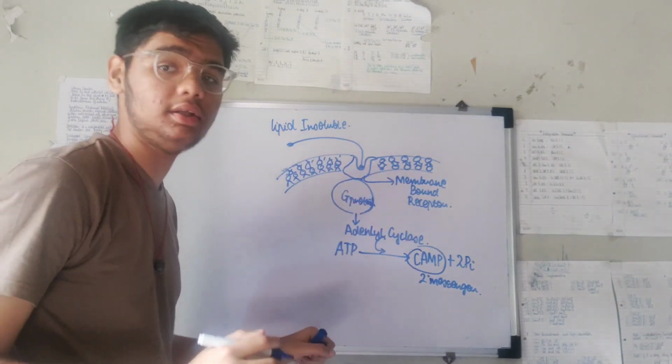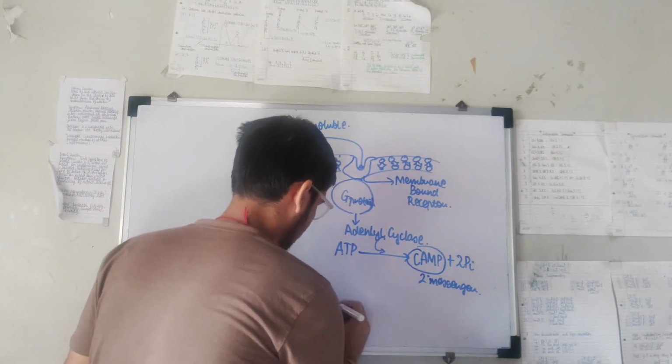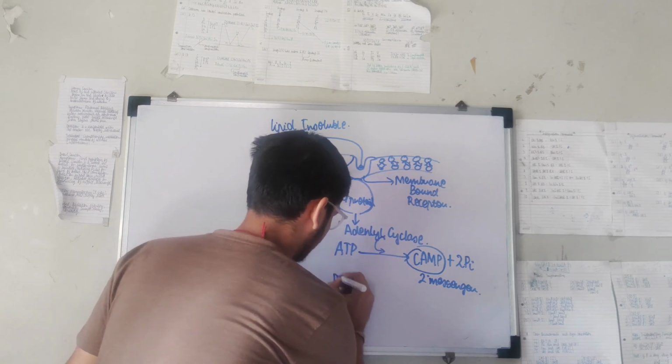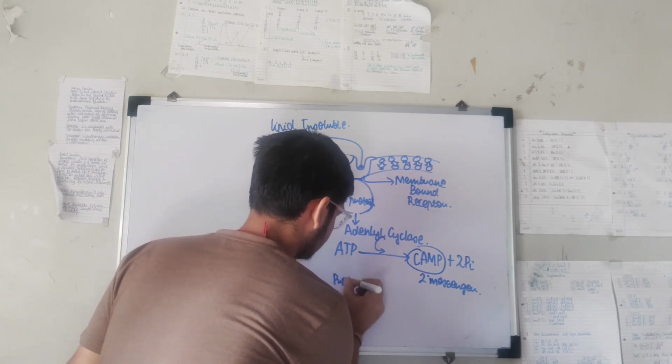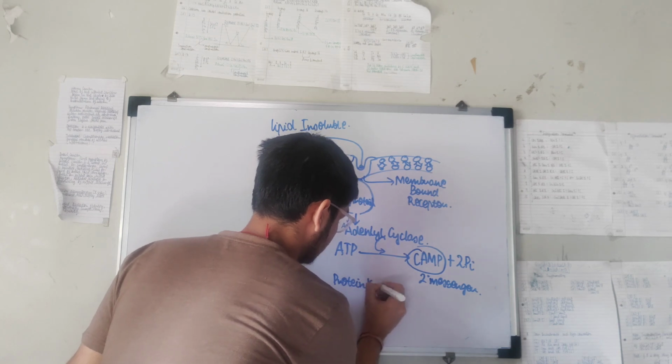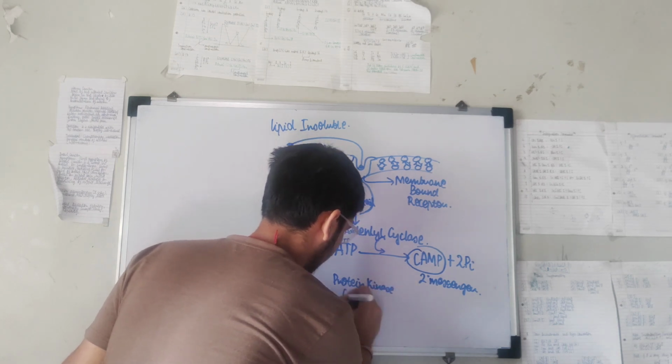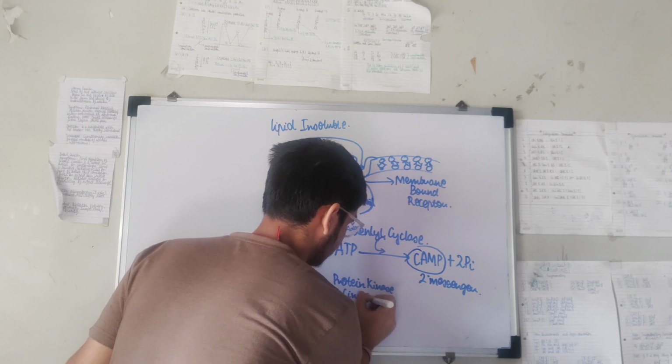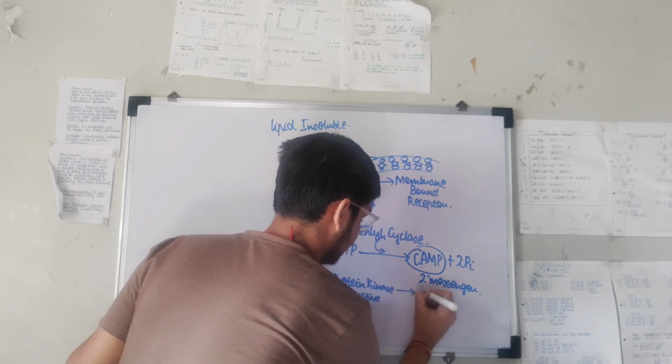This secondary messenger converts protein kinase, which was inactive, to its active form.